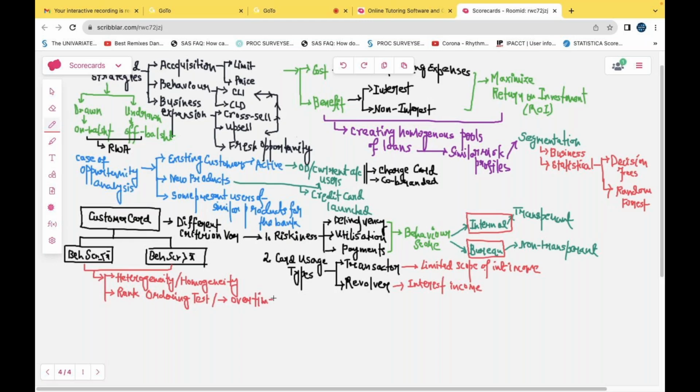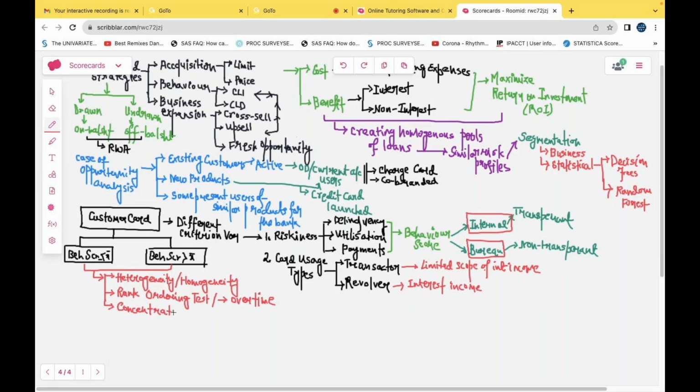The third set of tests that we have over here, so on one side I have the heterogeneity and rank ordering tests, the third kind of test is the concentration test. Every segment must have a decent amount of concentration.